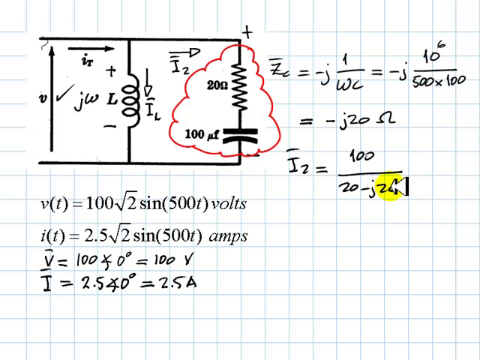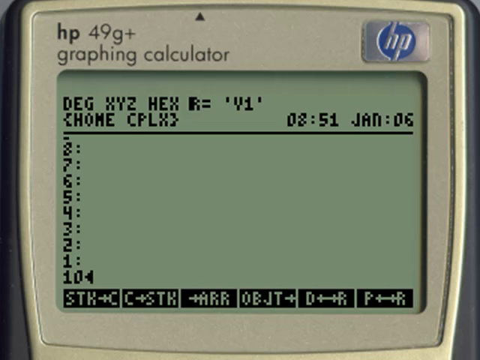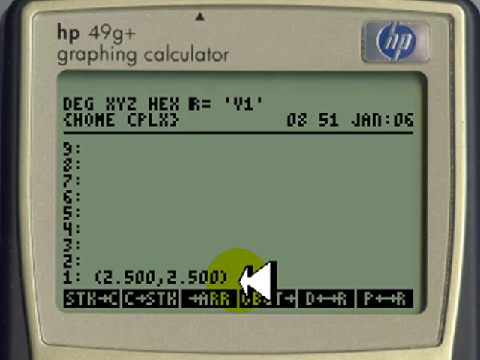For that we use our calculator. 100, enter, round parenthesis, 20 space, 20 change sign, divide. And that is the current I2, but in rectangular form. In polar form, that is a current of 3.536 amps with a phase of 45 degrees.